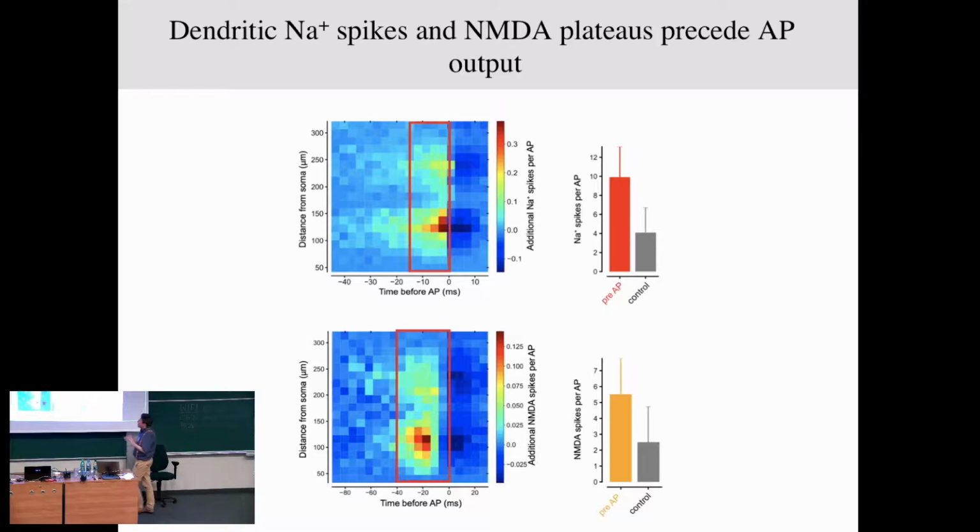But these are the hotspots here. They correspond to what Daniel asked about, which is the preferred location in this morphology where spikes are initiated, which is at or near the terminations of the basals, corresponding to this hotspot, and the apical dendrites, corresponding to this hotspot. And we can then count how many extra NMDA spikes or sodium spikes we need per action potential, and the answer is a few.